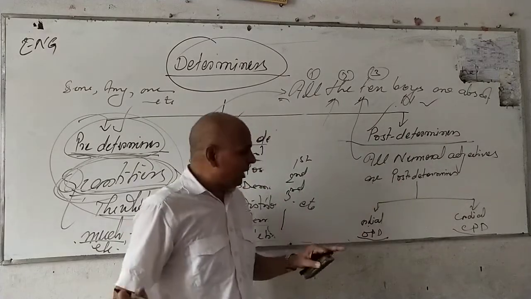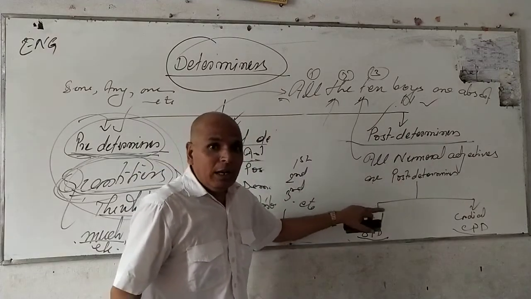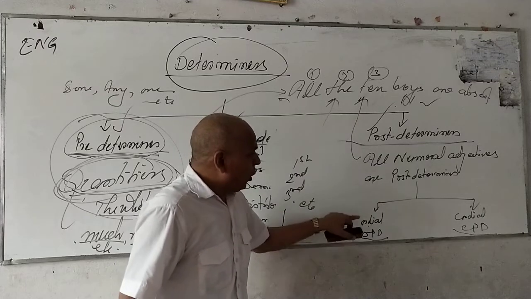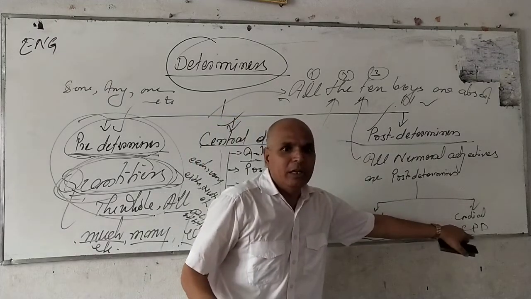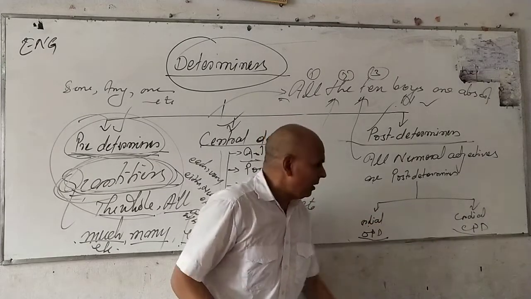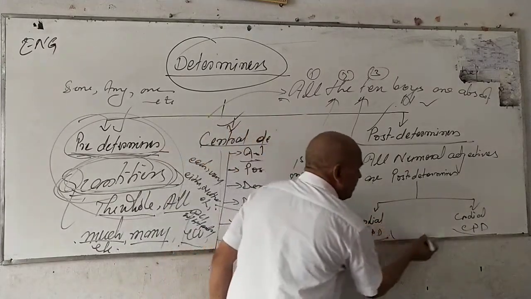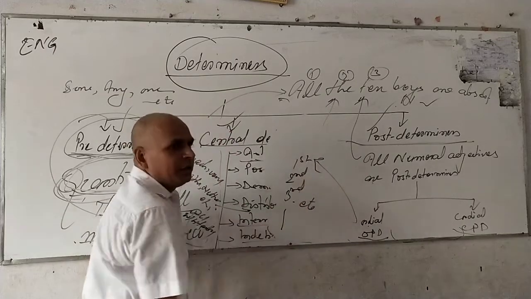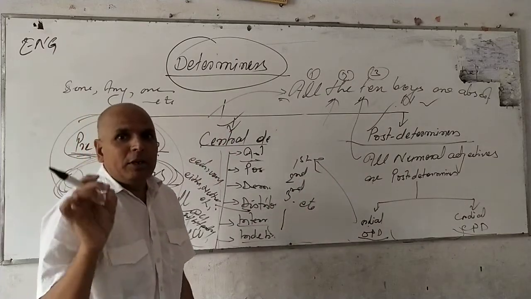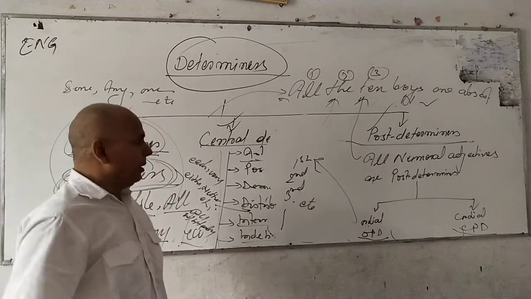But they are of two types: cardinal and ordinal. Ordinal post determiner, OPD, and cardinal post determiner, CPD. Both have some differences. The ordinal tells the order, that means it tells the particular serial number.